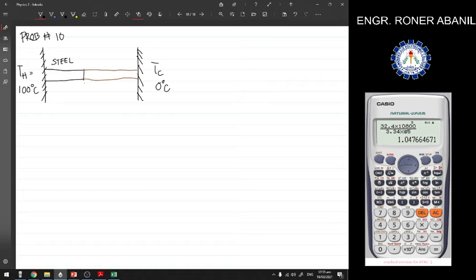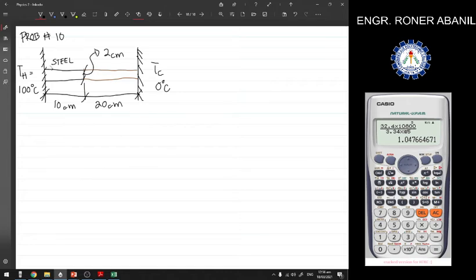Okay? So, dito, this is 10 centimeter. Yung copper naman is 20 centimeter. So, same lang daw yung nila na 2 centimeter cross section.